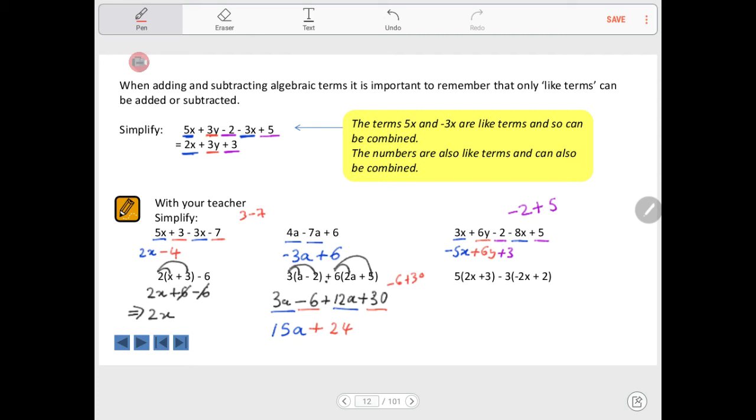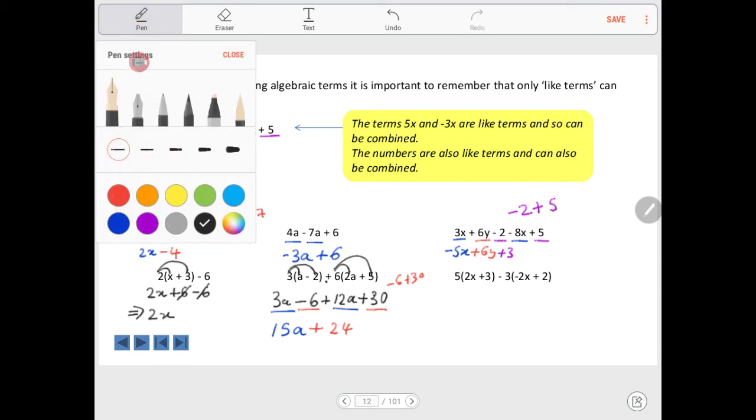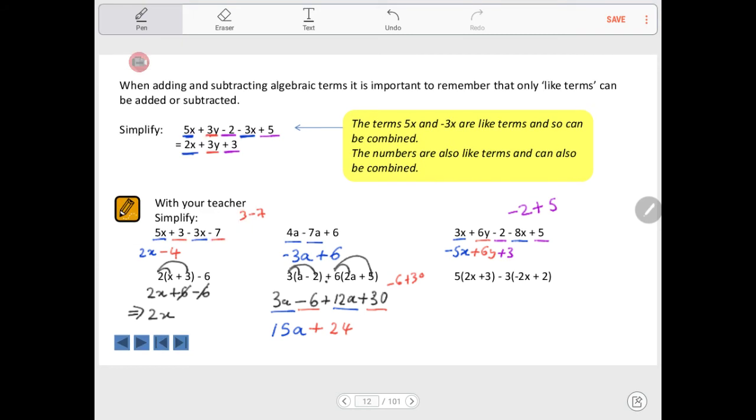Okay, last one. Let's expand these brackets. So 5 by 2x gives 10x. 5 times 3 is 15. Okay, now, got to be careful of this negative here.